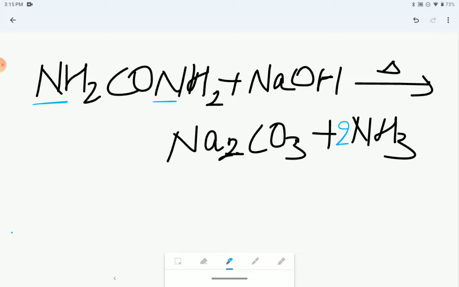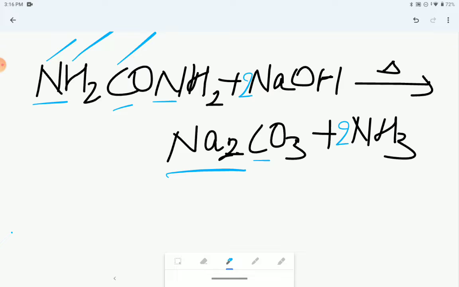Here 2 sodiums are there, so we place 2. Now totally 6 hydrogens were there, and on the right hand side also 6 hydrogens were present, so these are balanced. Nitrogen balanced, hydrogen balanced, carbon is also balanced because only a single carbon atom is present.